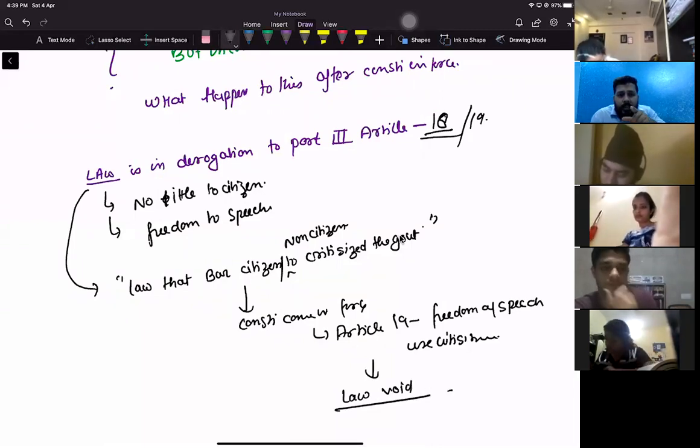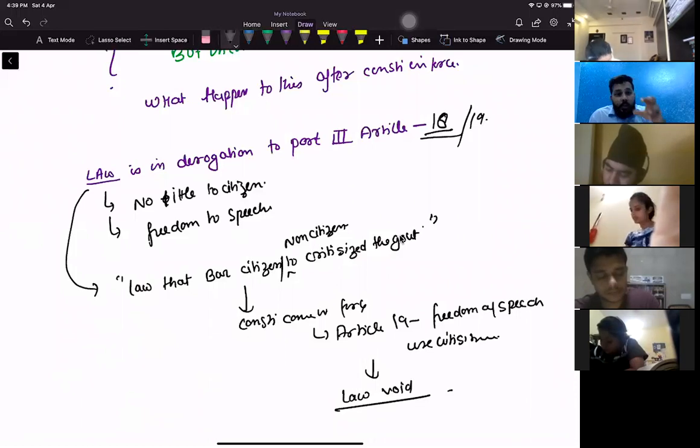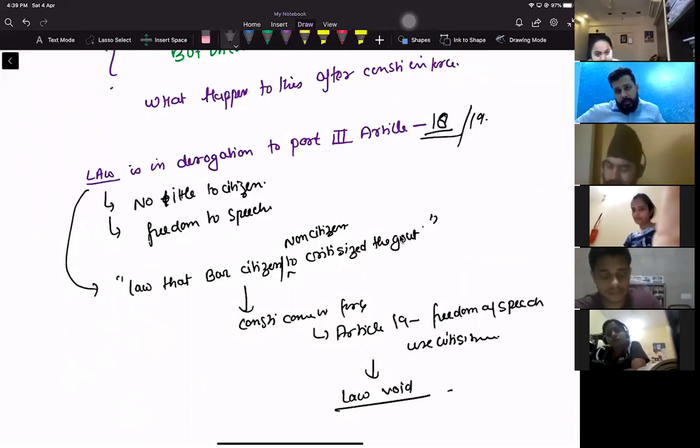But tell me, can this law still be used? Understand my question. There is a law which is in direct contradiction with Article 19, and it says that citizens or non-citizens cannot criticize the government. The criticism of the government is being barred, and it will get in conflict with Article 19, and it was declared unconstitutional.